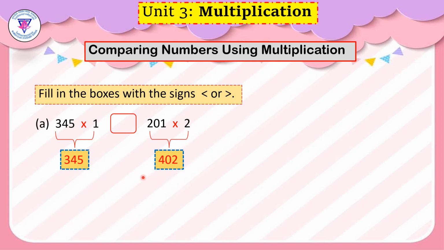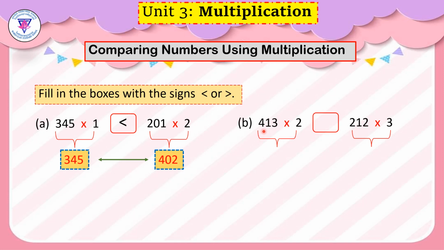So if you compare this number, 3 is less than 4. So the answer is less than. Why less than? Because 345 is smaller than 402. Let's take a look.